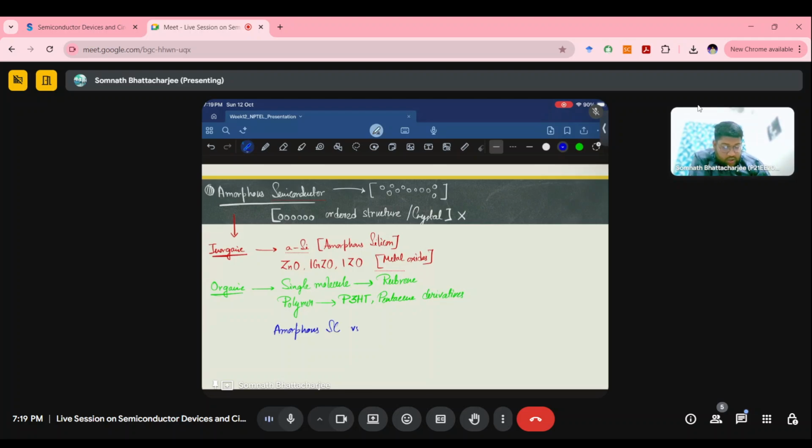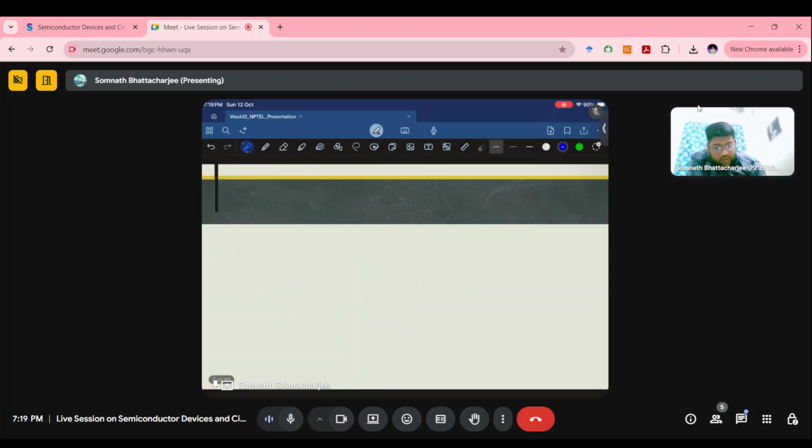amorphous semiconductors with conventional crystal semiconductors. So what are they? Let's write the crystal one this side, the amorphous on this side.